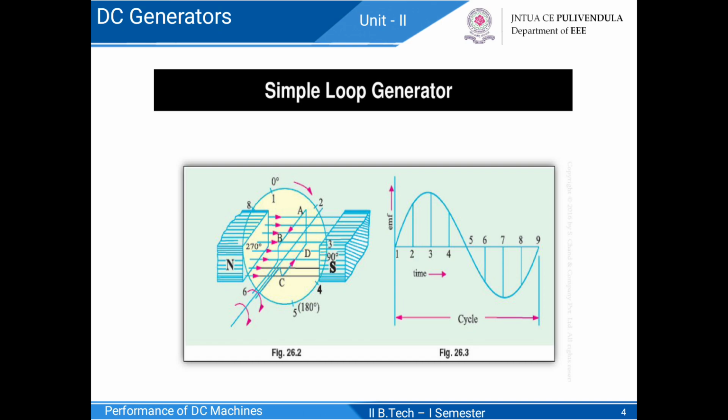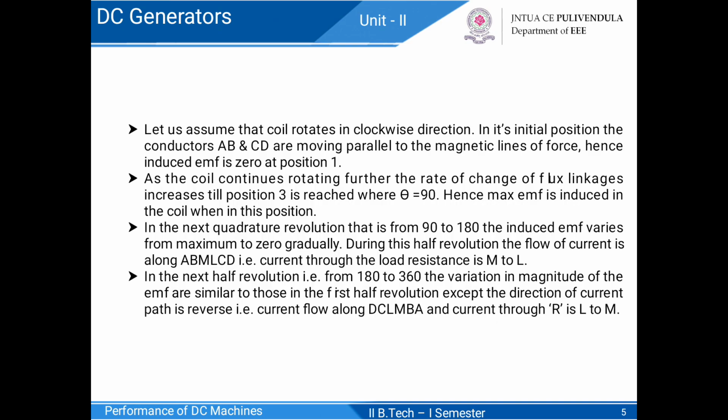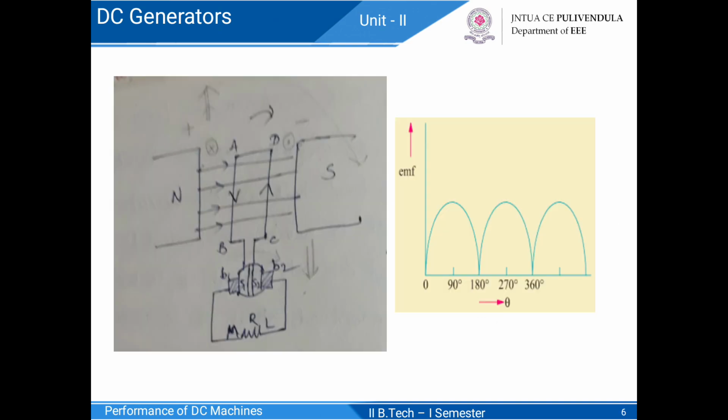So split rings are nothing but a conducting material in the form of a cylinder which is cut into two halves or segments, and those segments are insulated from each other by a thin layer of mica, right?